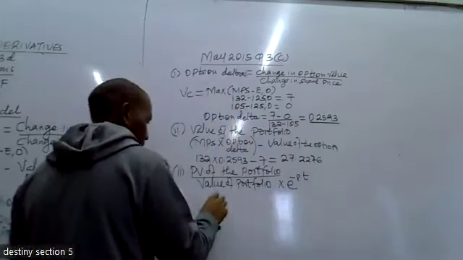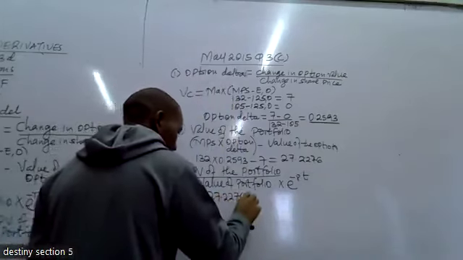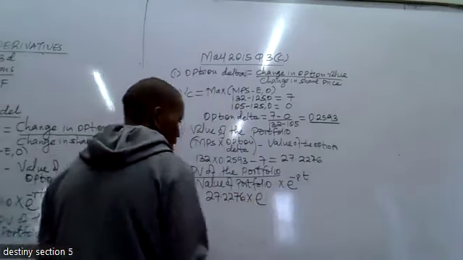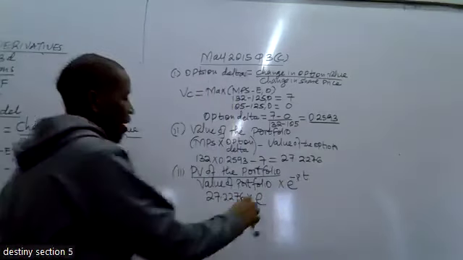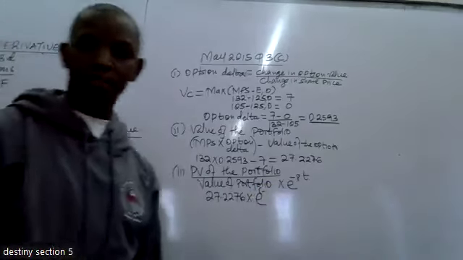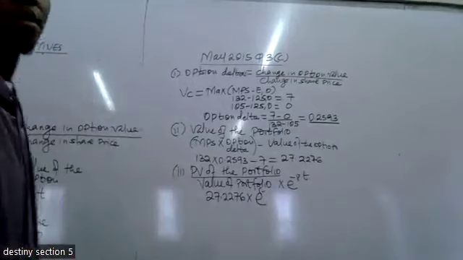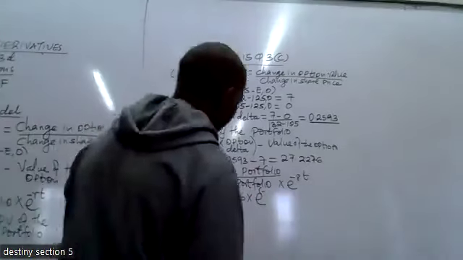So this will be 27.2276 exponential R. R is of how much? What is our risk-free rate? Yes? That should be 9%.